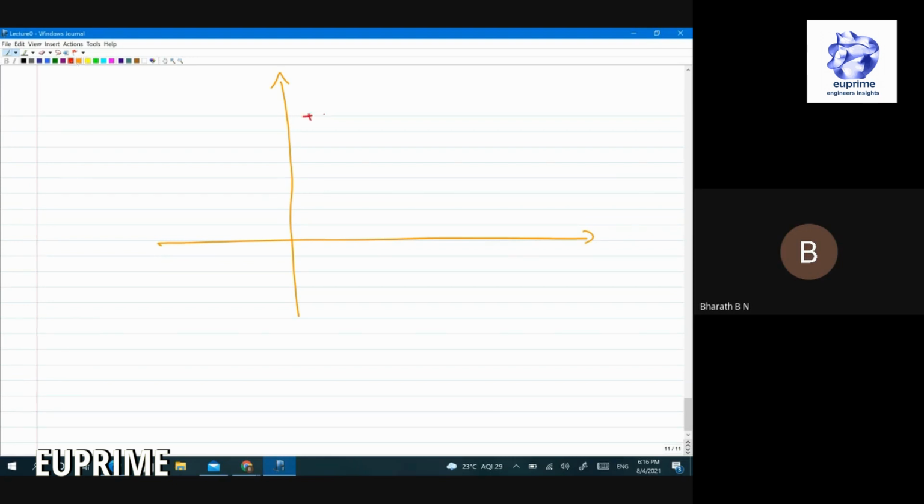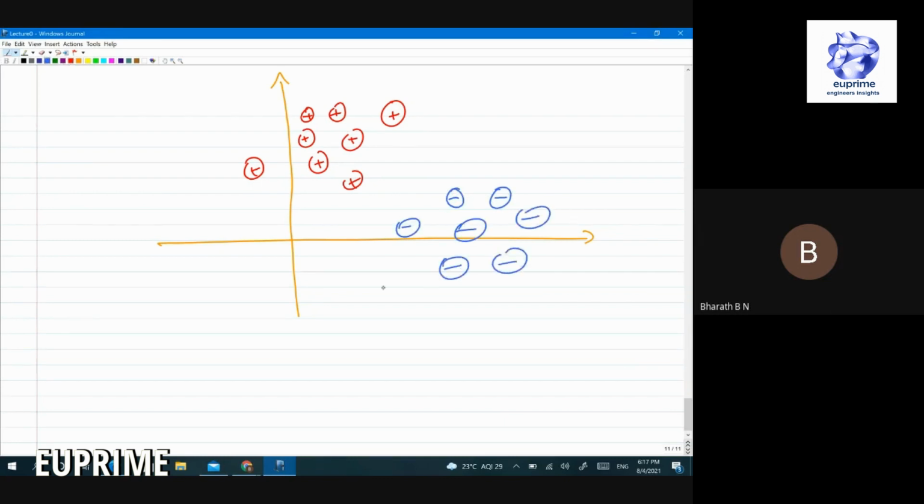Let's say all the plus points are somewhere here. Okay, so these are all points corresponding to spam: x1, x2, and so on. Right? And similarly, you have non-spam, let's say somewhere here. I'll write it as minus. So you have a lot of such data points.